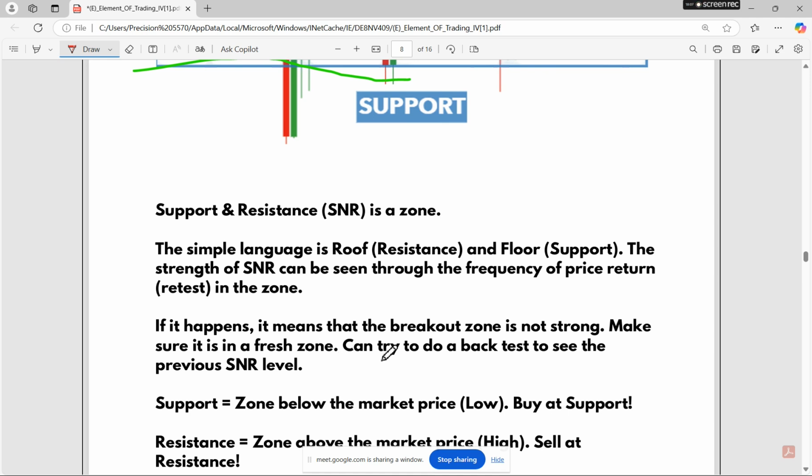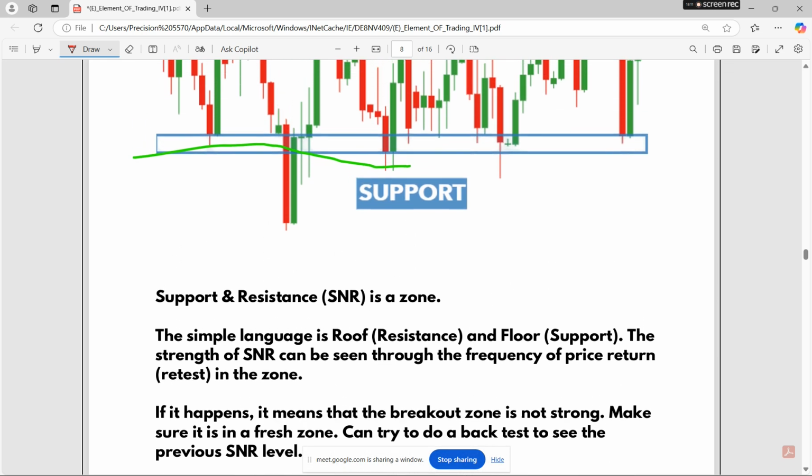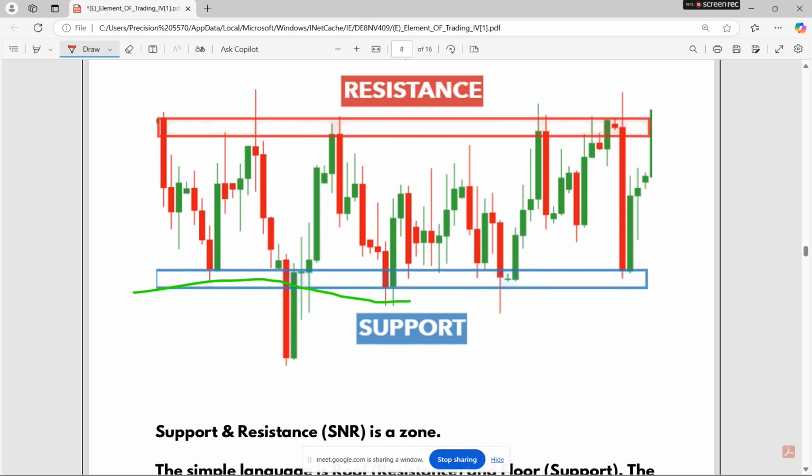This is what I was telling you, that we are interested mostly in finding one swing low. For example, here, when you find this first swing low, it becomes your support.